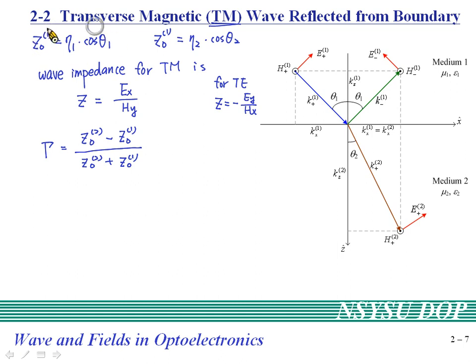So take the Z01 and the Z02 for TM into this equation, then the reflection coefficient can be written in the following equation.